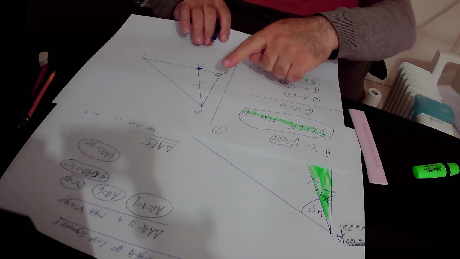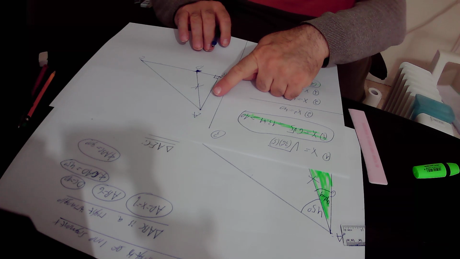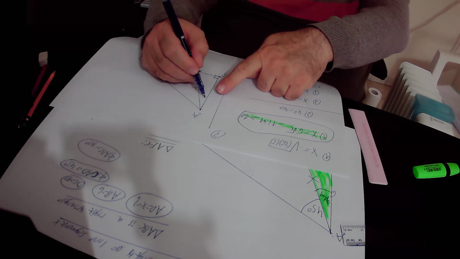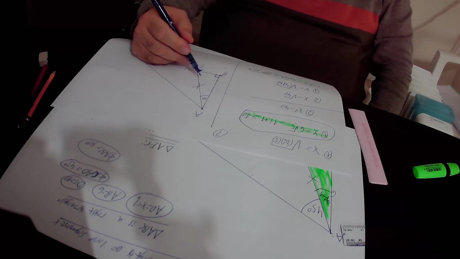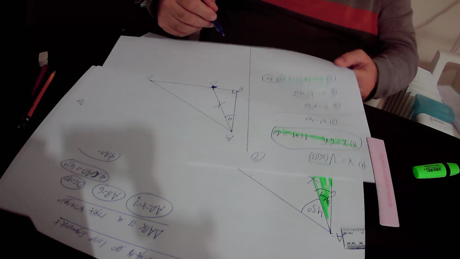Here we will define angle BAD as theta, and angle ADB is equal to alpha.